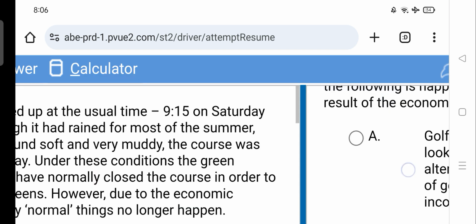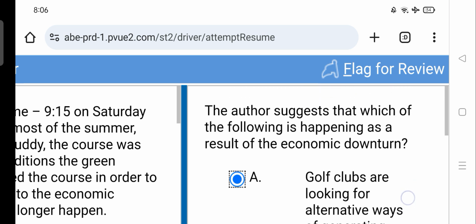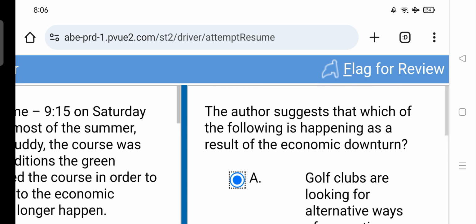So that's why we have option A, that golf clubs are looking for alternative ways of generating income, as the correct option.